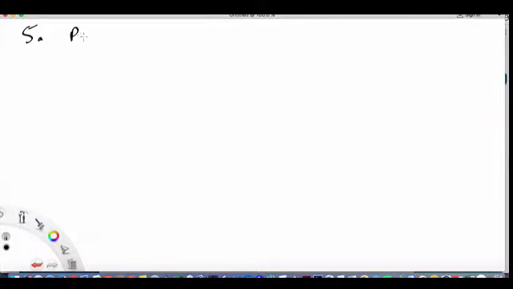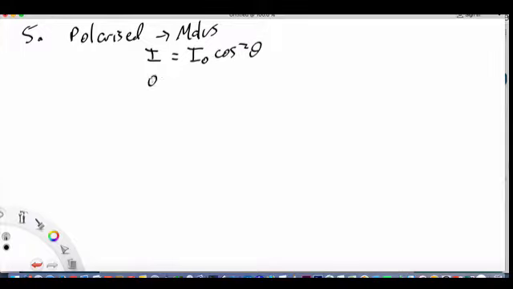Now, number 5, it is polarized light to begin with, so we use Malus's law, and that gives us I is I0 cos squared theta. Now, I is 0.764, I0 is 0.883, so 0.764 is 0.883 cos squared theta.